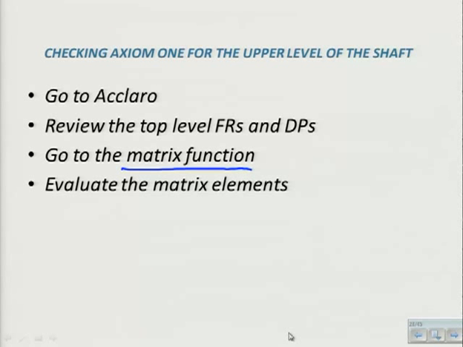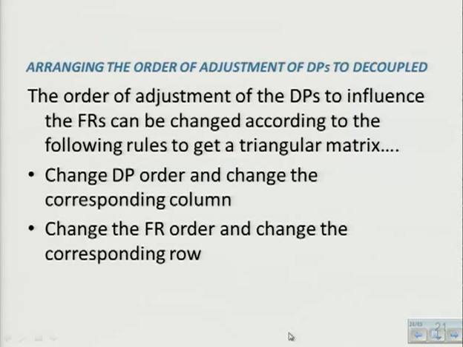Now the hope is that you've got at least 2 FRs and DPs in your decomposition of the shaft. There will be some reading up on the web, and you can see some of my thoughts on this kind of shaft design. And so you may need to go there. But your thoughts don't have to agree with mine on the shaft design, and designs can differ, of course, and it'll be interesting to see what you come up with.